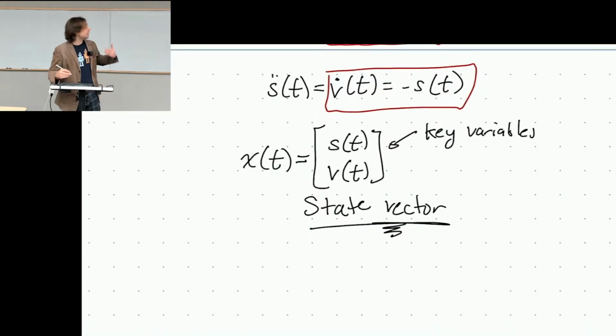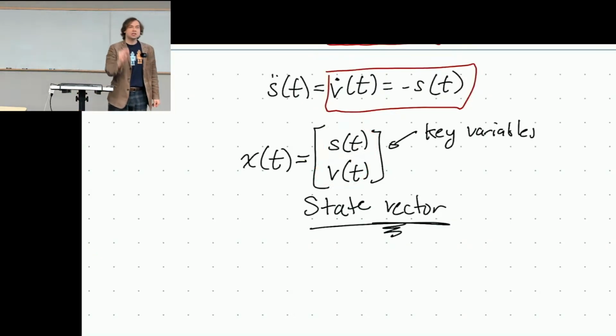So basically, each of these key variables are called state variables.